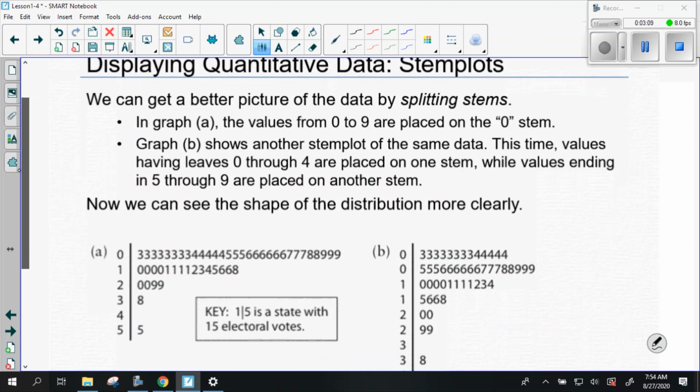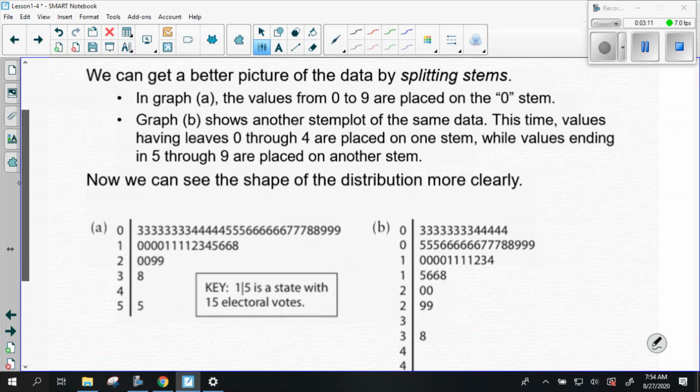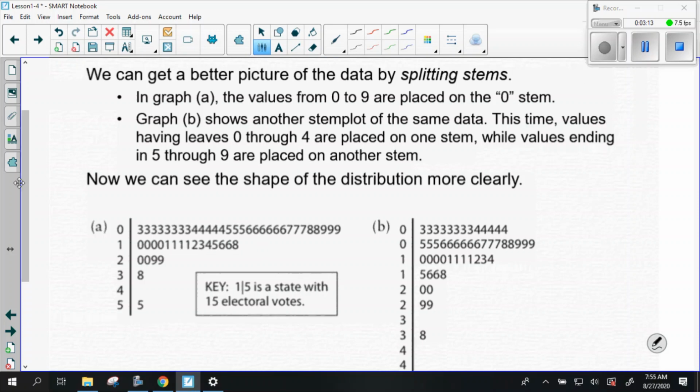One thing I might talk about doing here is splitting stems. You'll notice that for the stem of 0, this leaf area is quite long.